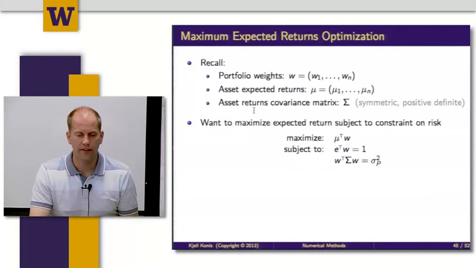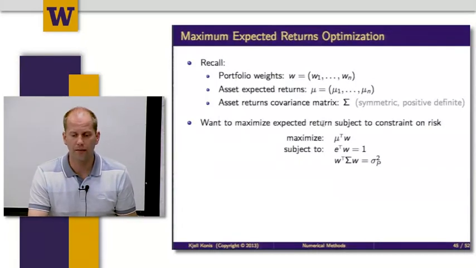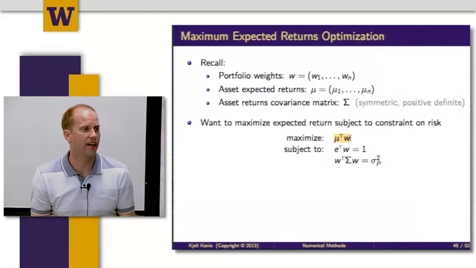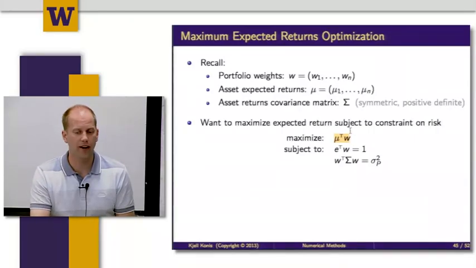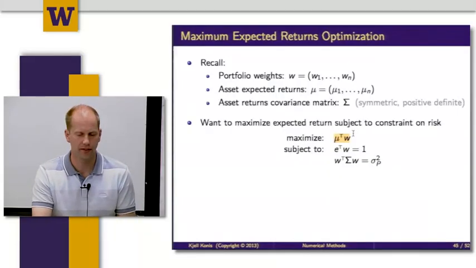And the problem I want to solve is to maximize the expected return subject to the constraint on risk. The expected return for each asset is mu sub I for asset I. If I multiply that by the weight of each asset and sum that up, you can think of that as the dot product of mu and my weight vector W, which I'll write in matrix notation as mu transpose W. I want to maximize that quantity.